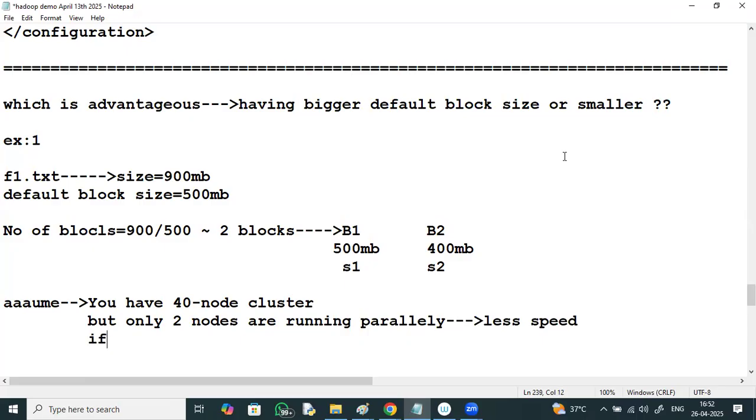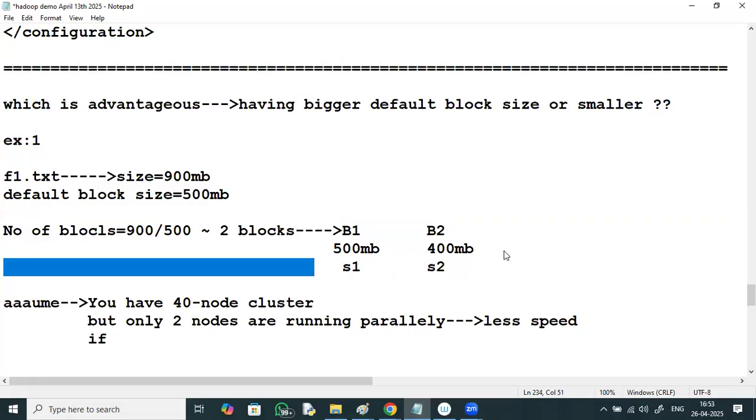By two nodes, do you mean one master, one slave, or two slaves? Generally data will be stored in the slaves only, slave 1, slave 2. The master will be separate, but data is always stored within the slaves and processed by the slaves. Here, two slaves, S1, S2, but only 2 nodes are running in parallel. Less speed, right?